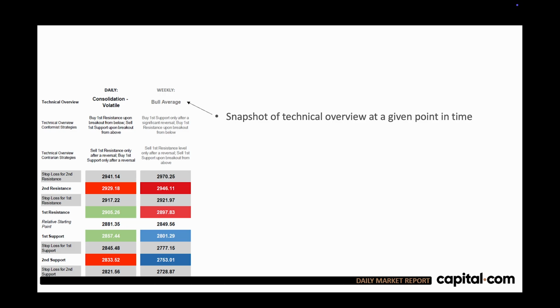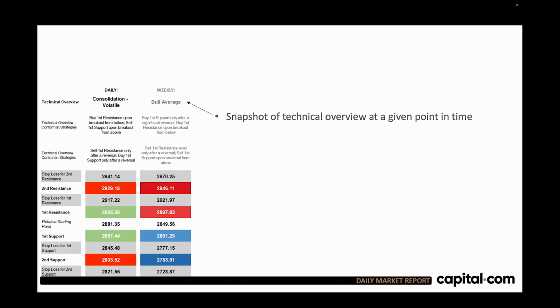In fact, a lot of times they're different, and they can even for a brief period of time be opposite. If you see a significant bull run, the weekly time frame could be a bull trend or bull average, whereas if there's a short-term pullback, it might be enough to actually tilt the daily time frame's technical boxes and indicators to something negative, to show, for example, consolidation with negative bias, or even briefly go for an initializing bear trend.